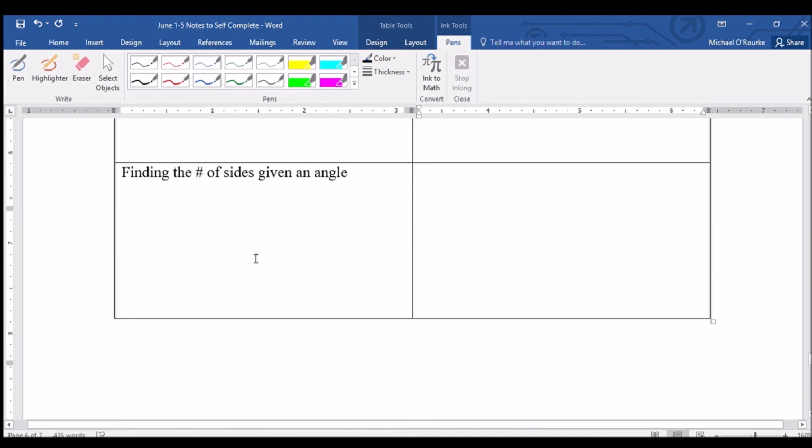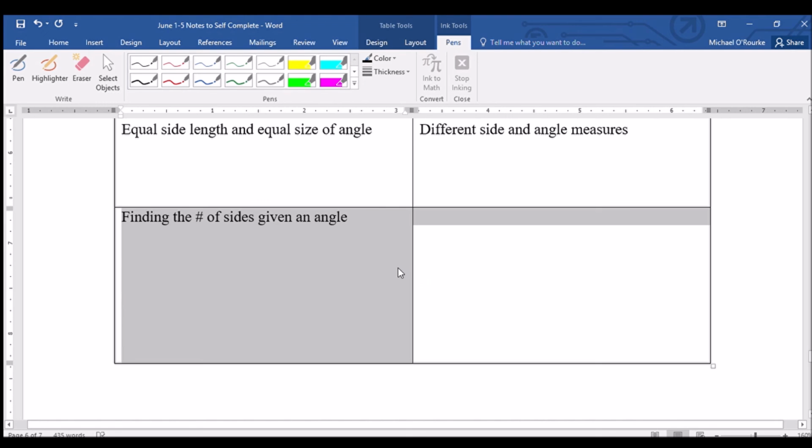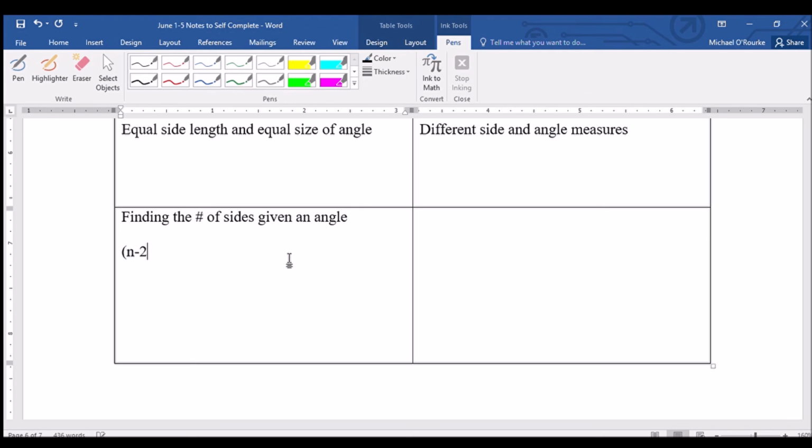Now this one here, I'm going to merge these cells. I want you to do an example over here of this. So you do your formula, n minus 2 times 180 equals your number. You put the sum over there. Let's say it was 1080. I'll do this example with you.